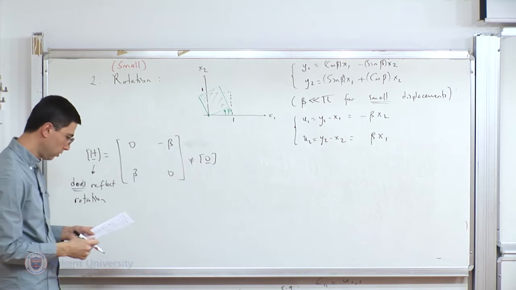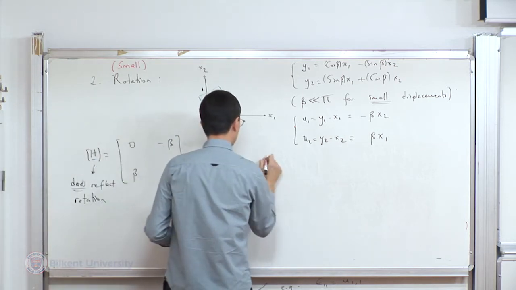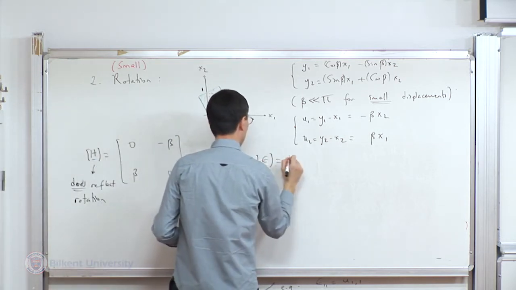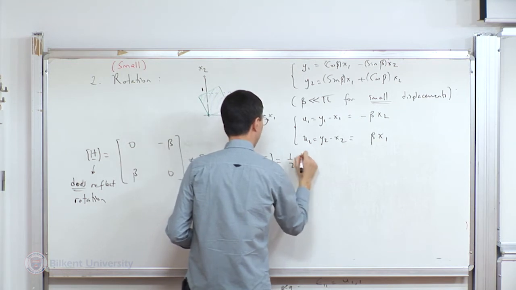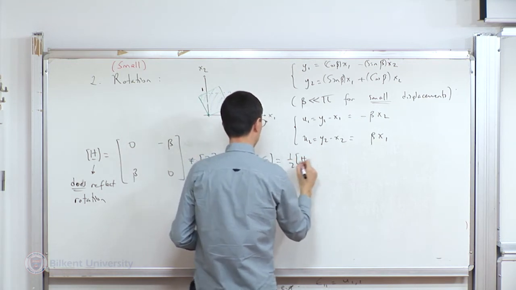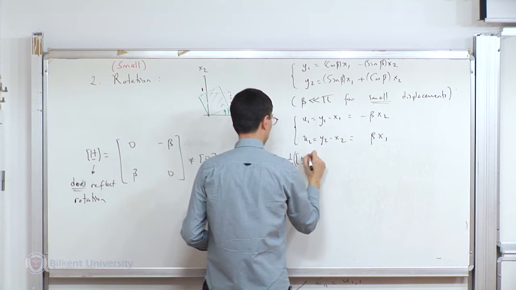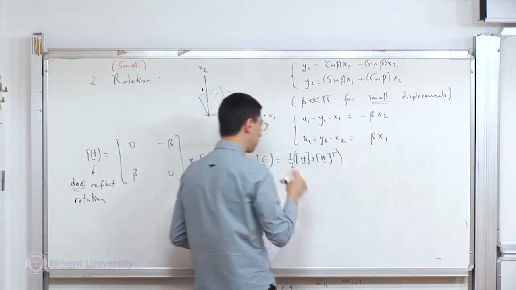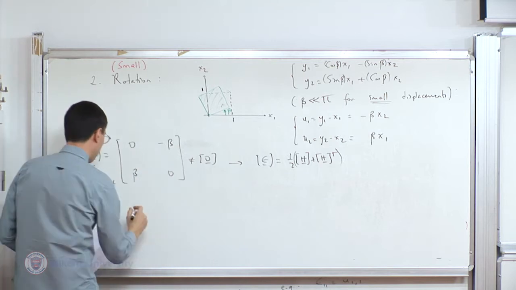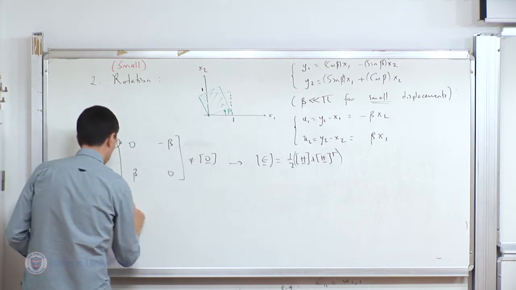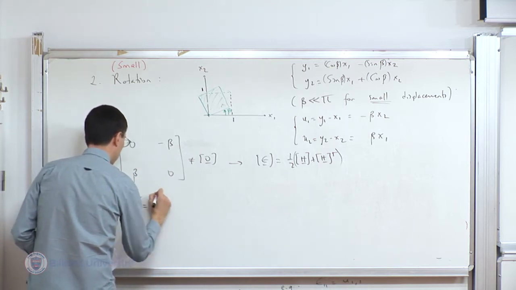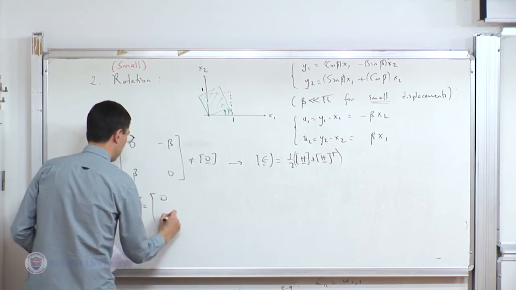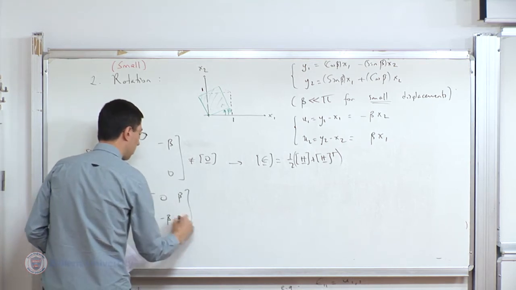But now let's have a look at epsilon. Okay, so the strain, epsilon, is equal to 1/2 H plus H transpose. And let me write H transpose here so that we can sum easily. H transpose is 0, minus beta, beta, 0.